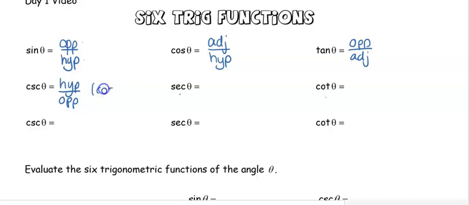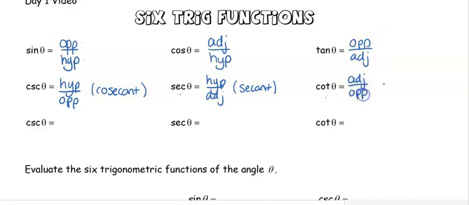Secant is the reciprocal of cosine, so this is going to be the hypotenuse over the adjacent. And the cotangent, which is the reciprocal of tangent, is the adjacent leg over the opposite leg.